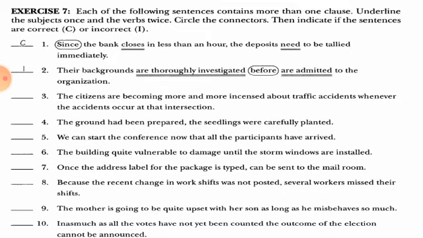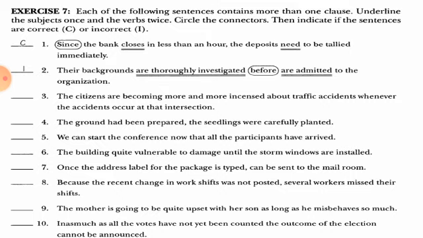This sentence is incorrect because we have no verb in the first clause. We have only an adjective after the noun. The building is followed by an adjective, but there is no verb. Therefore, the sentence is incorrect.